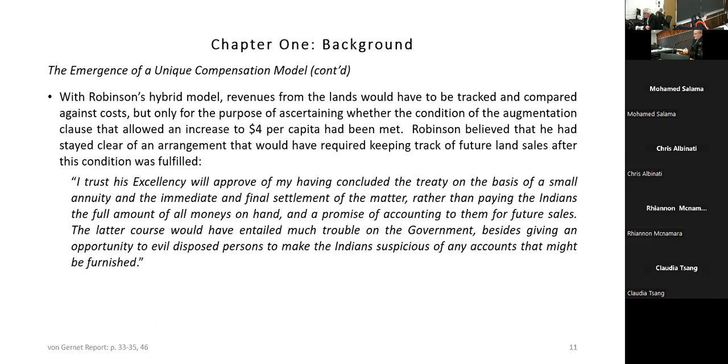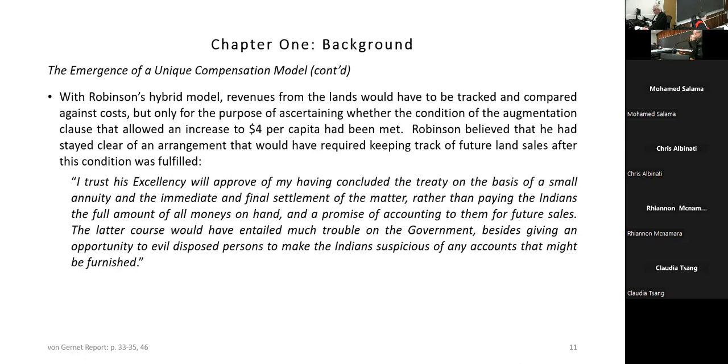So now, with this kind of hybrid model, the revenues from the lands would have to be tracked, obviously, and compared to costs. But only for the purpose, and when I say this, I'm telling you this from the perspective of the 19th century Crown.